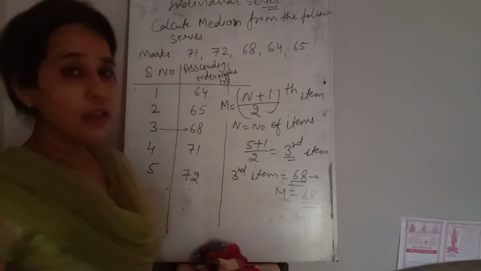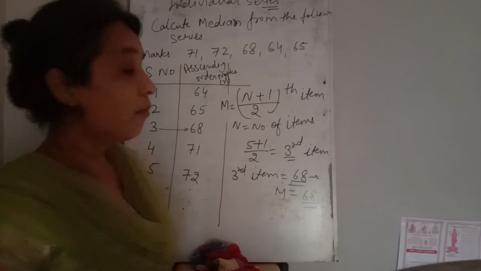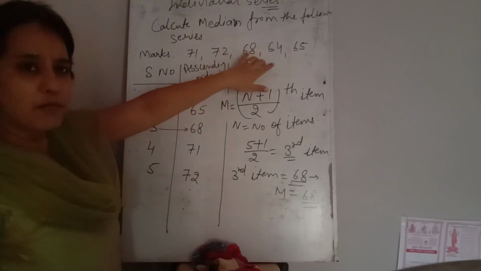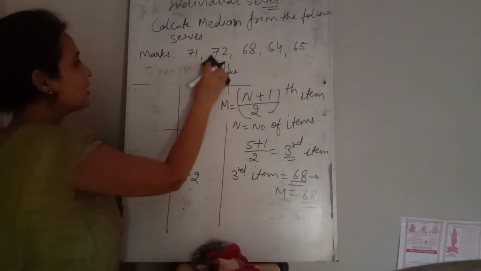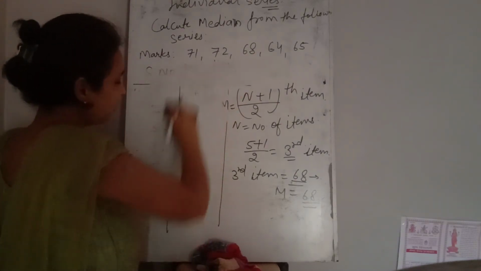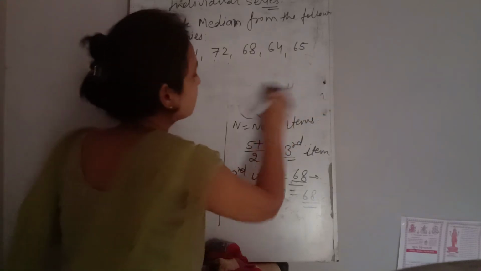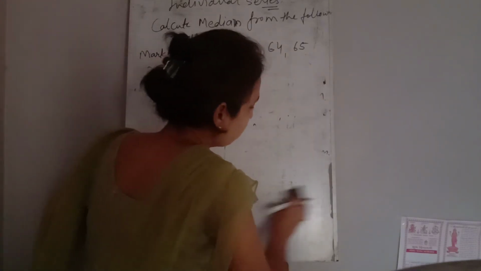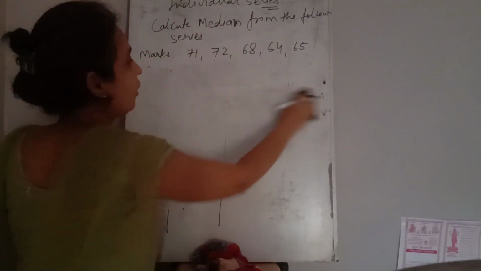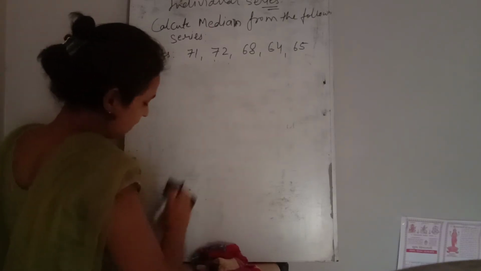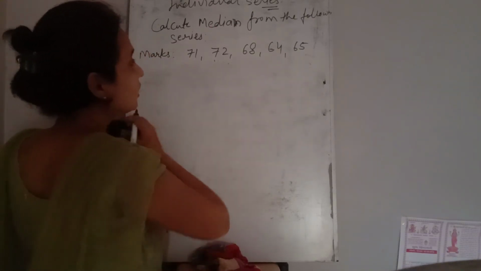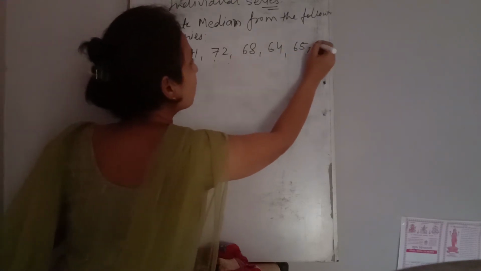Now, if the series has an even number of items, for the same example we are going to add one more value so that it becomes even. Suppose one more value is given in the same question, that is 61.